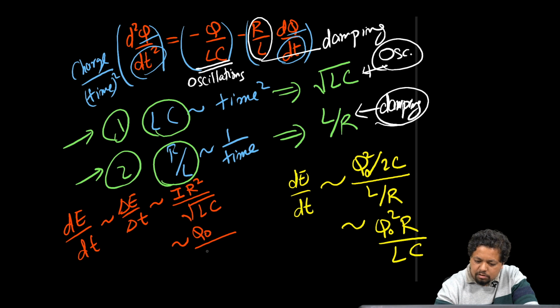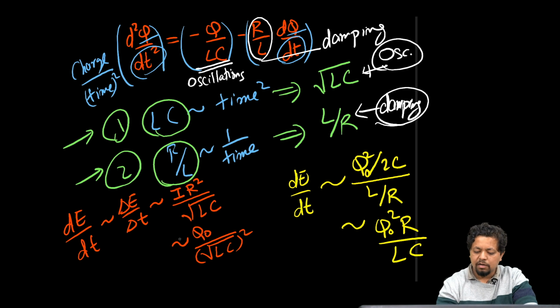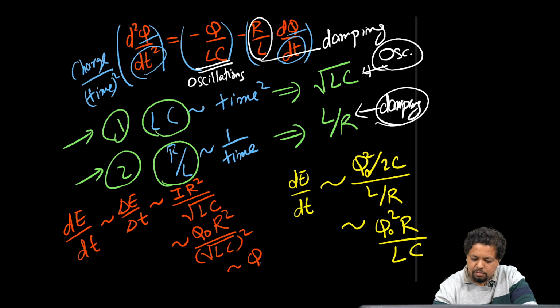Charge is Q naught, time is square root LC. So I get another square root of LC factor, and that squares up because I already have one square root LC factor, and resistance squared. So that gives me Q naught R square by LC.